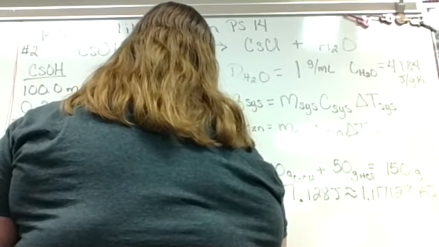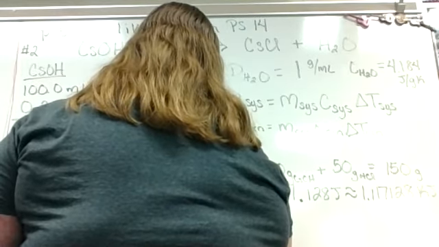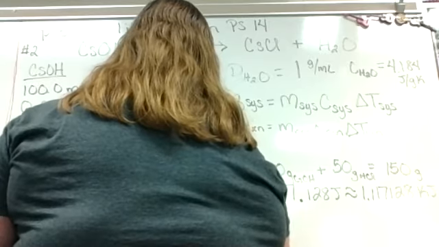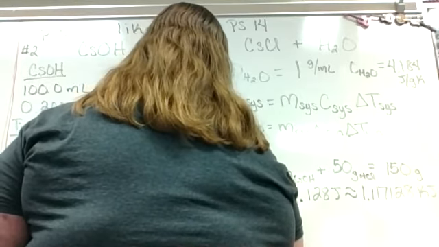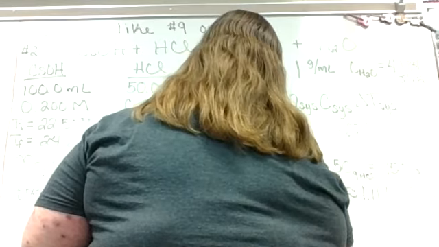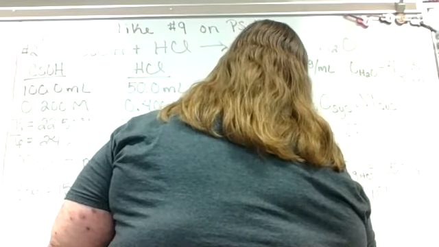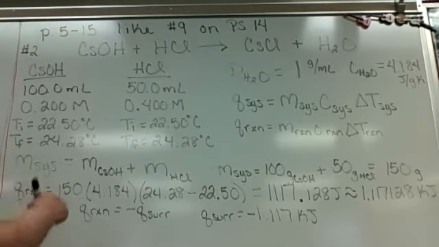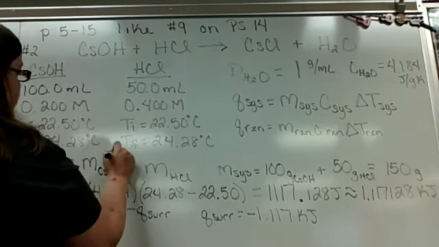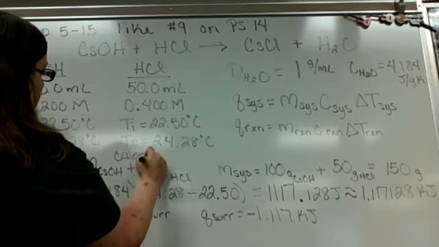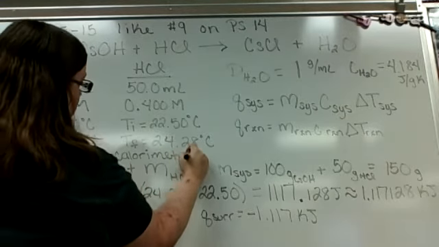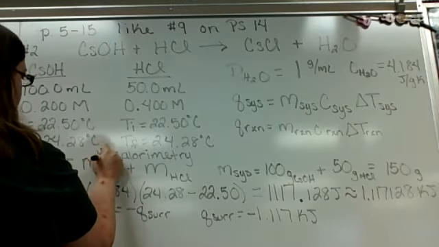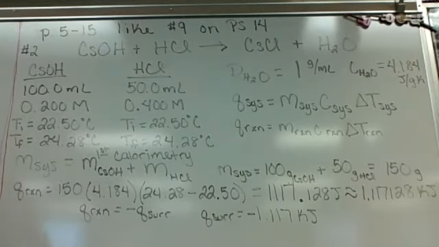So the heat of the surroundings is negative 1.117 kilojoules. So this is the first step. It's just what we call calorimetry. First is just standard calorimetry. It's what we've been doing. Next is a little bit different.